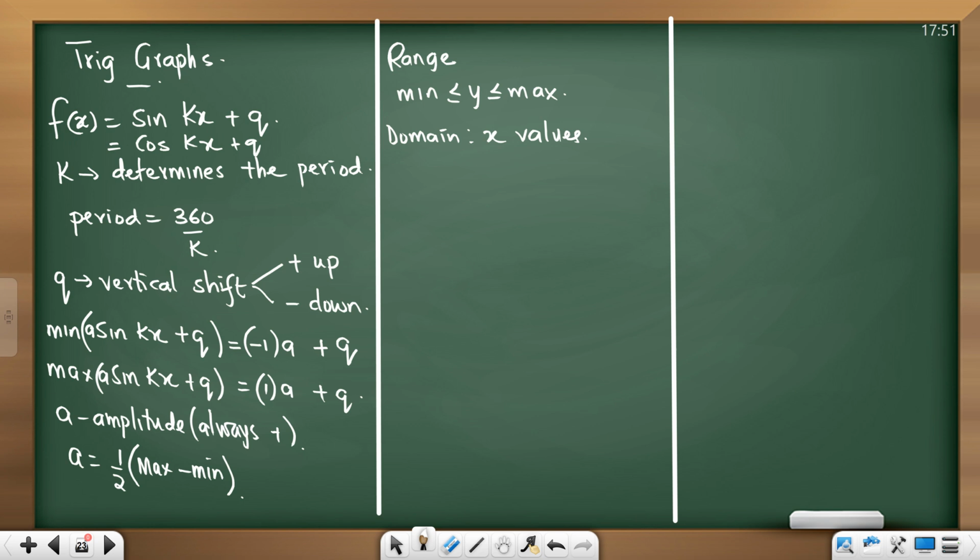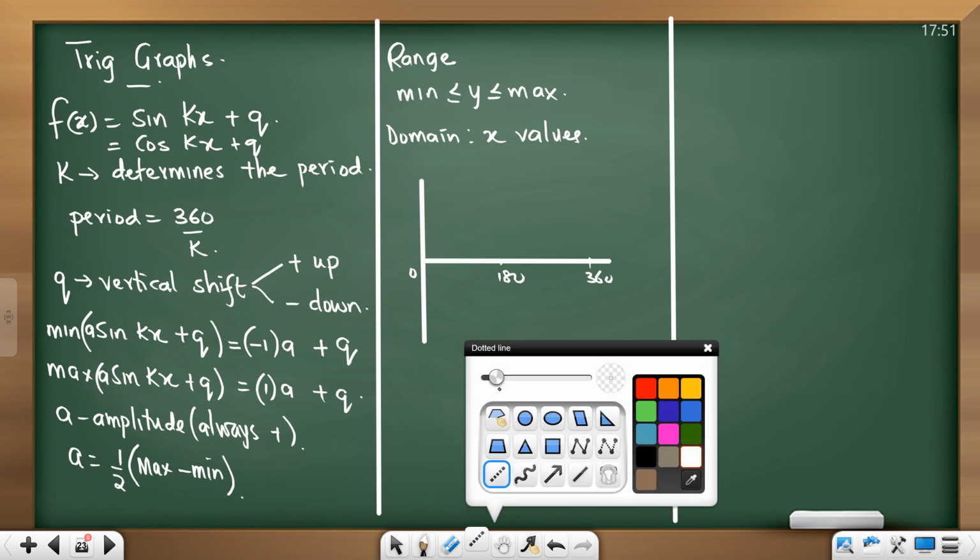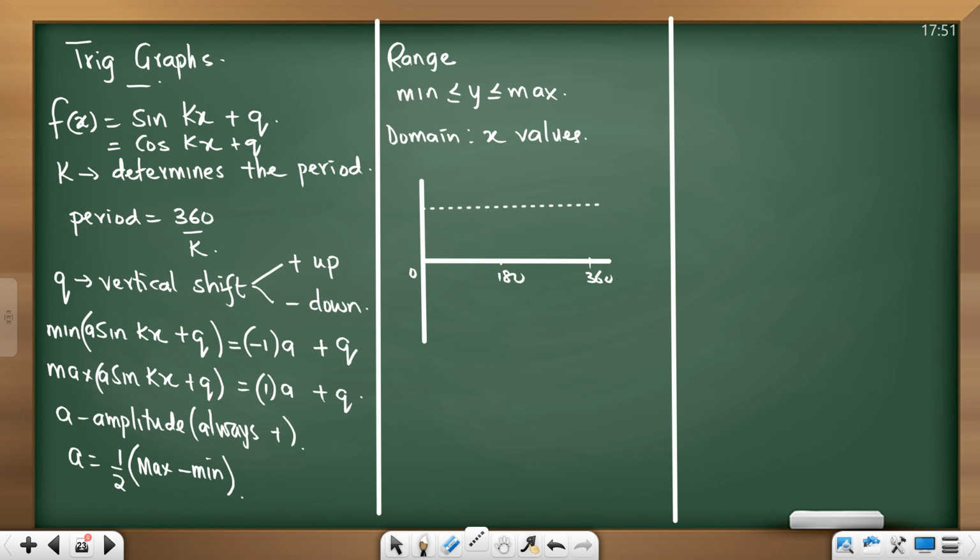Just a short note to put everything together, right? Okay. If I want to have a sine graph, you know what the graph would be at 90.